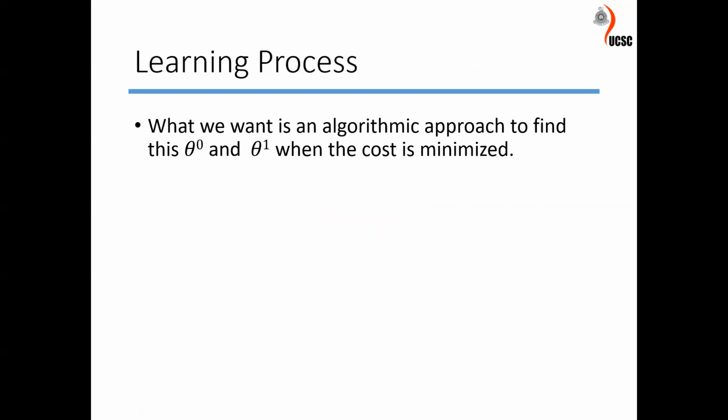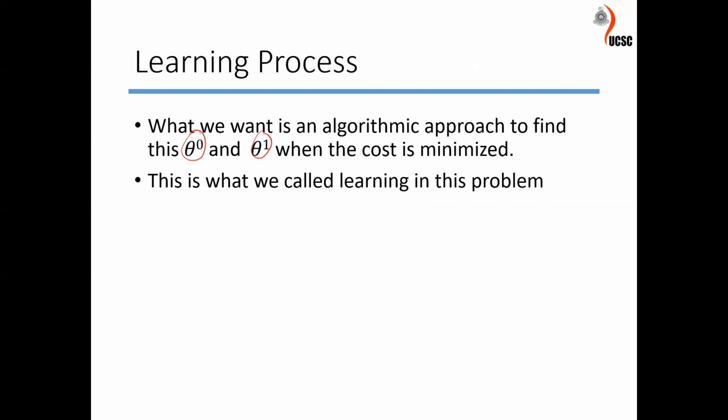So this is the learning process. We're going to find theta naught and theta 1 in a formalized, algorithmic way, to minimize the cost. We have the J function of theta naught and theta 1. If we can make it minimum, our error becomes minimum.